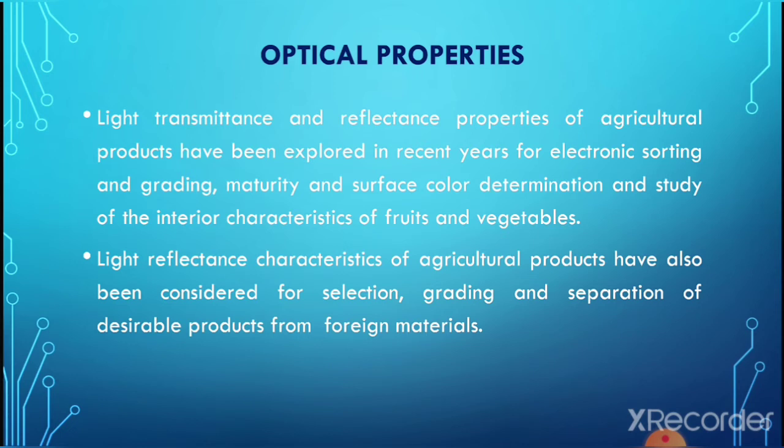So here, using the optical properties, we separate various impurities from the agricultural commodity on the basis of these optical properties. The machine which exploits these optical properties of biological material is nothing but the color sorter, which separates the material on the basis of difference in various color characteristics of the biological material.